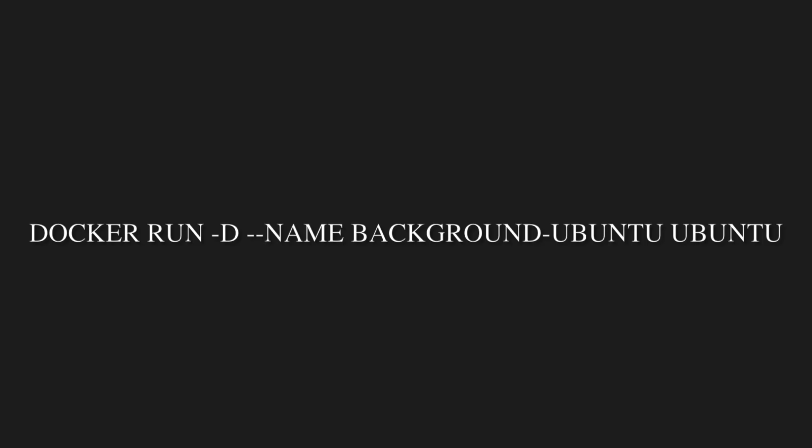Once you execute this Ubuntu in detach mode, then even if I close the terminal, this Docker container will still be running in the background. It will not stop. Since we were using dash it, which means interactive mode, that gives you the pseudo terminal. Right now we don't need a pseudo terminal. I just want to run in detached mode, that is why we are doing that.